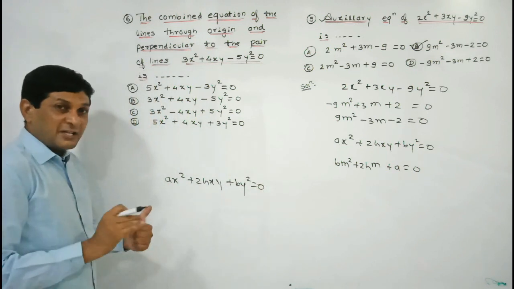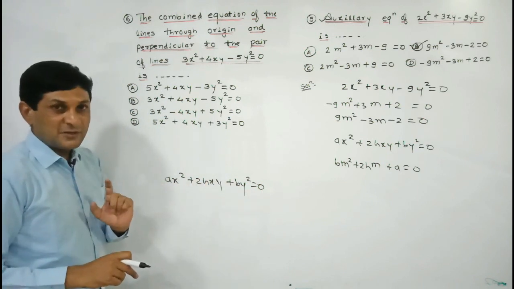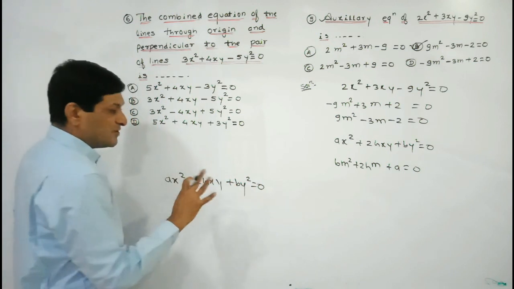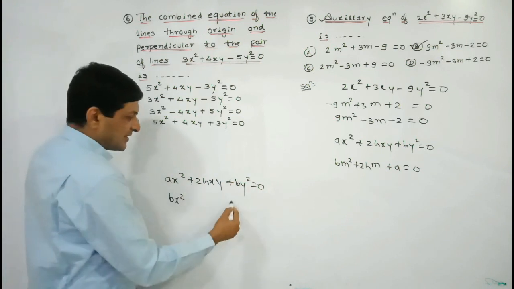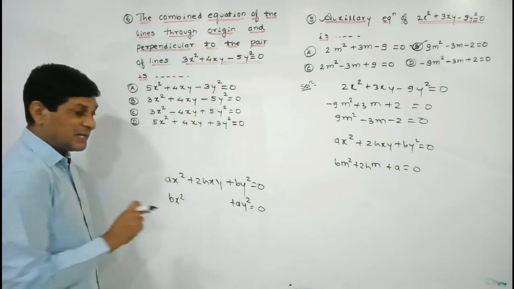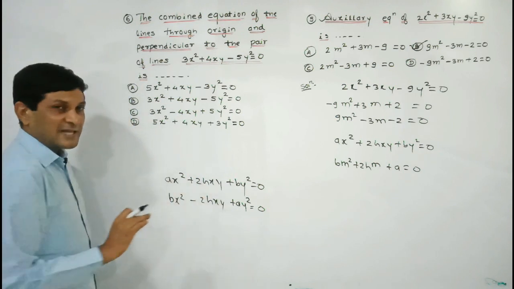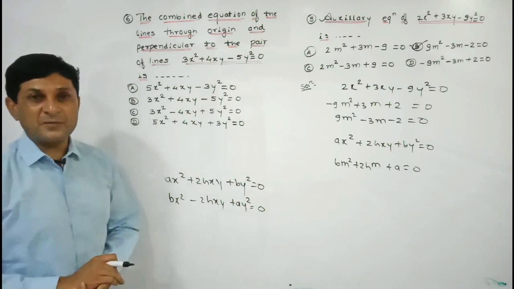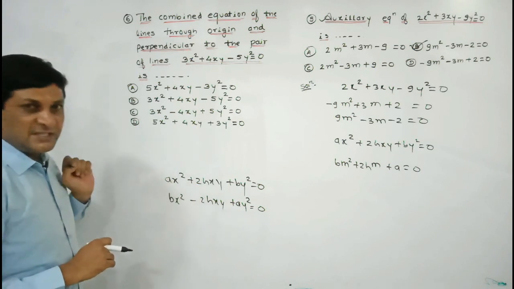Then the combined equation of the lines passing through the origin and perpendicular to the lines represented by this equation can be found as follows. Now how to find it? Interchange the coefficients of x² and y². Take b here, bx², and a here, plus ay². Just simply we are interchanging the coefficients of x² and y² and changing the sign of the middle term. If there is plus here, take minus, and if there is minus, take plus. Whatever new equation we get is the combined equation of the lines passing through the origin and perpendicular to the lines represented by the given equation.